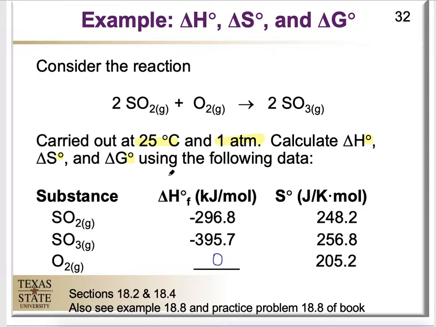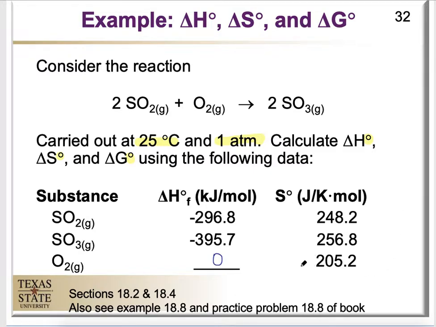So how are we going to use this data to actually find the information that we're being asked? Notice that we have the enthalpy of formation for our reactants and our products, and so we can utilize it to calculate the delta H zero by doing the products minus reactants equation, the long equation that we had in the previous slides. We can do the same thing for the entropies, but we don't have a table for the delta G's.